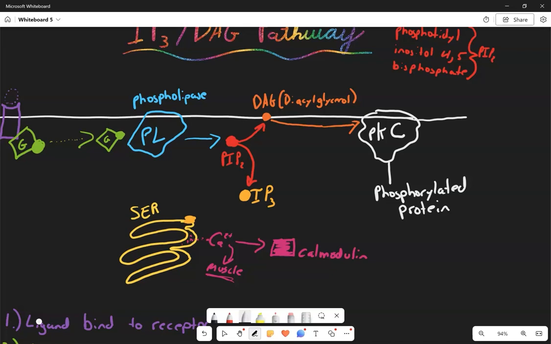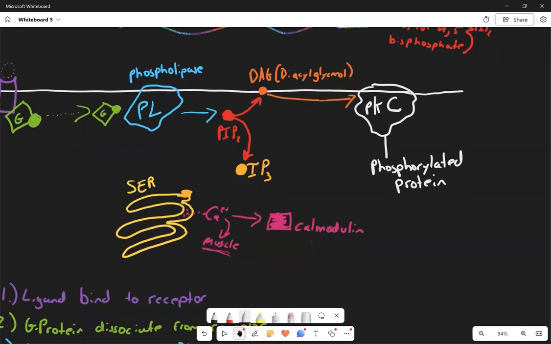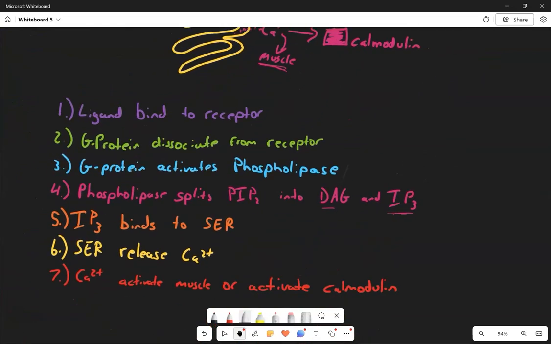So here we have two diverging pathways within the same thing, right? Our DAG is going to activate protein kinase C, and our IP3 is going to activate the smooth endoplasmic reticulum to release that calcium.